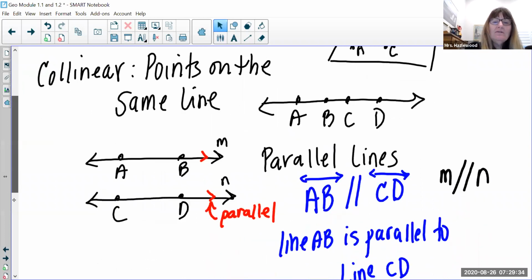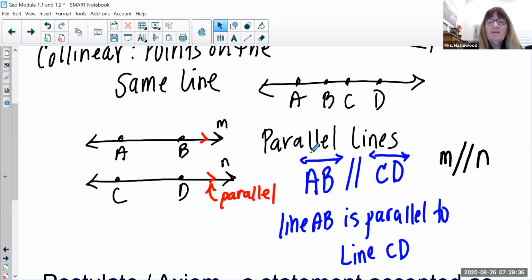And then parallel. Some of you did not do exactly what I did when you were doing the vocab. I don't know if I went through and graded them. I think I did. But you need to make sure that you're doing the notation correctly. So I have line AB, and it's parallel to line CD. I have the little notations for parallel, so I know that they're parallel. I know they're lines because they go on and on and on.